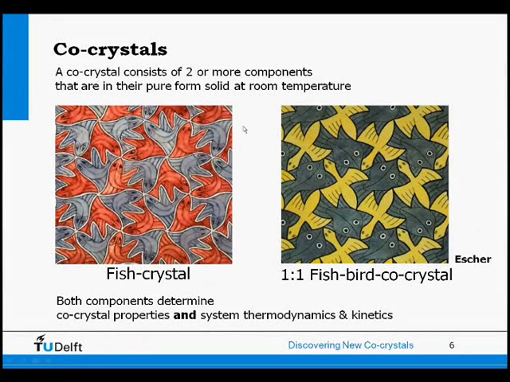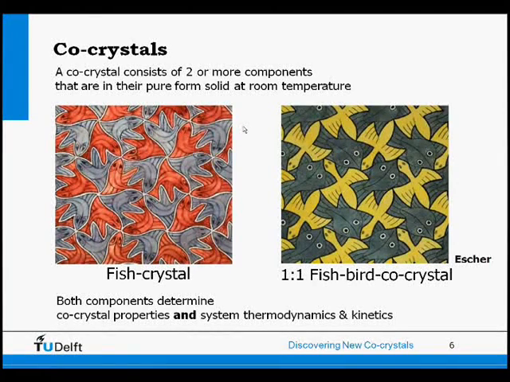So co-crystals. Co-crystals are defined as crystals that consist of two or more components that are in their pure form solid at room temperature. And the Dutch artist Escher has made some nice pictures representing these kinds of co-crystals in 2 dimensions.